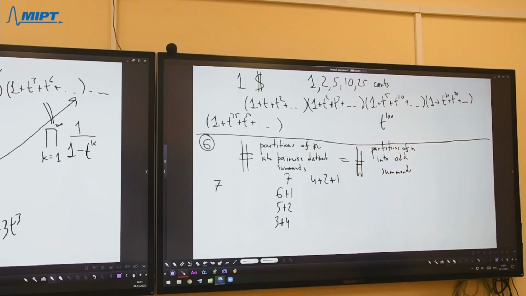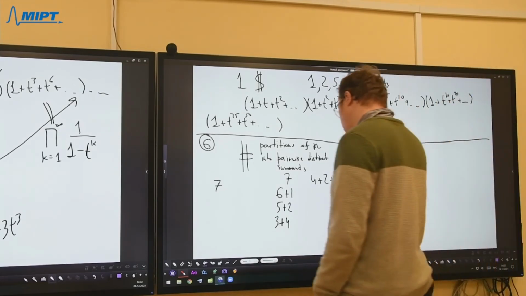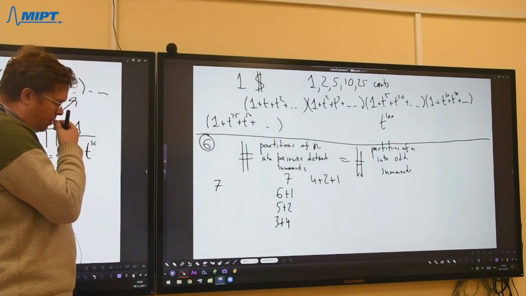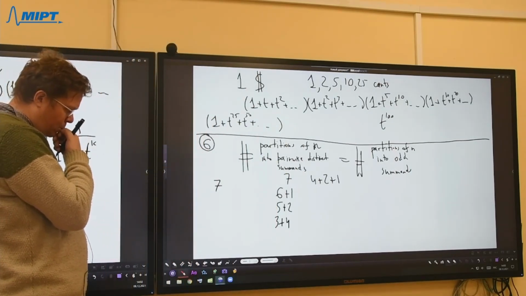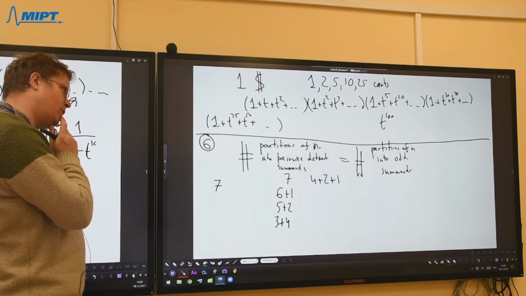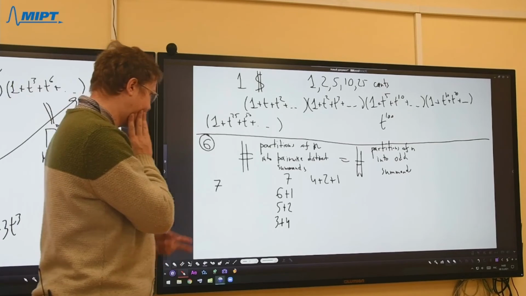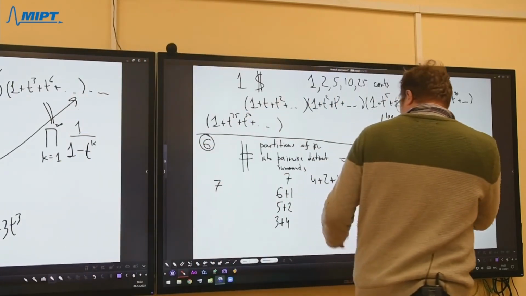So the summands cannot repeat. Is this all? So the 1 and 2 parts are okay. For 3 parts we have 4 plus 2 plus 1. And the next would be 3 plus 3 plus 1, which is not allowed, since we have to use 3 two times.